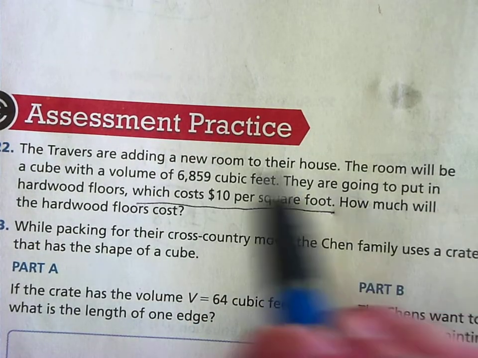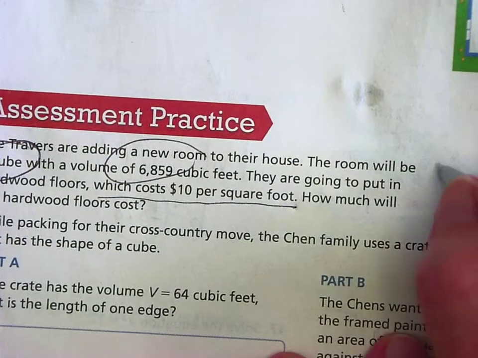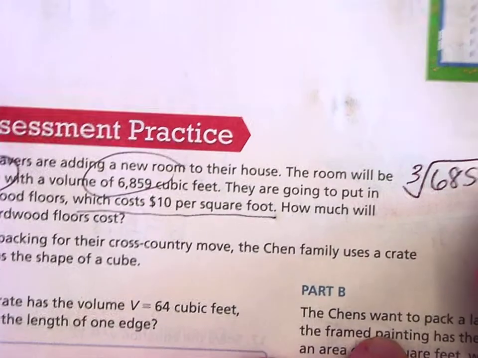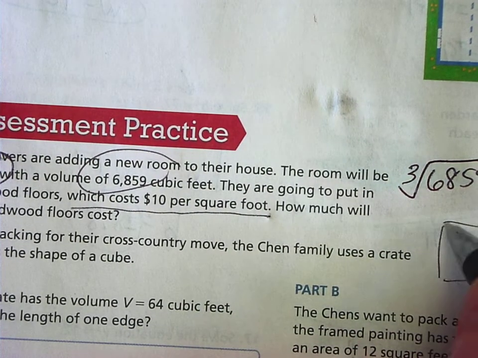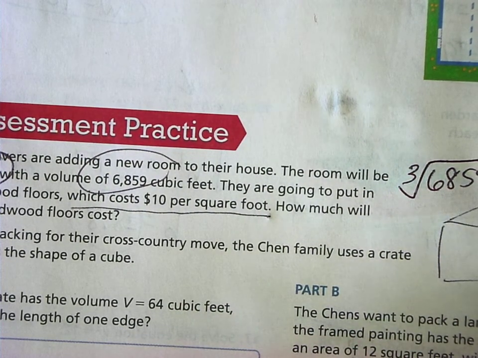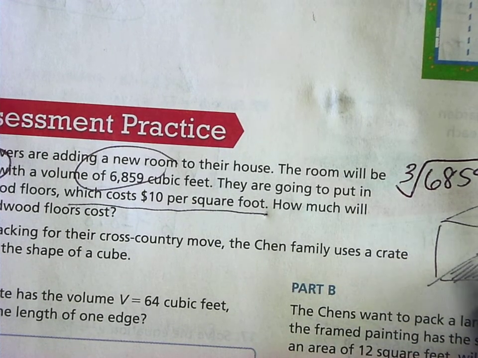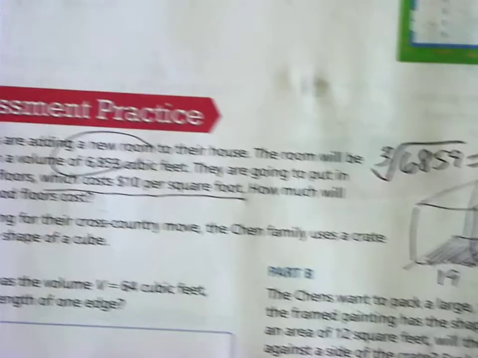Okay, so now if the room's a cube, you're going to cube root the volume. So the cube root of 6,859 is 19. Now that means in that cube room, they're only putting floors on the bottom, so each side of the room is 19.